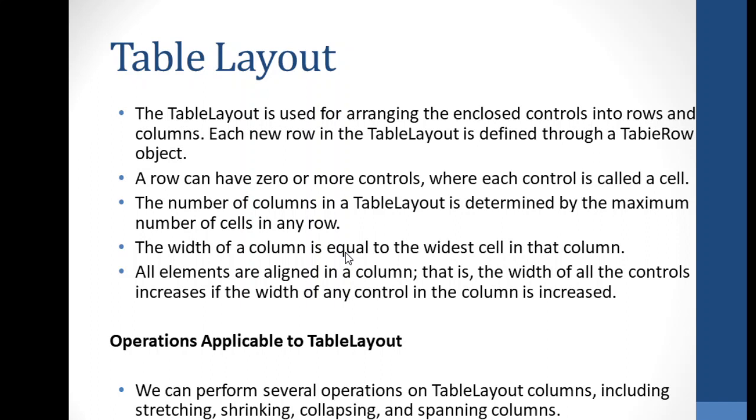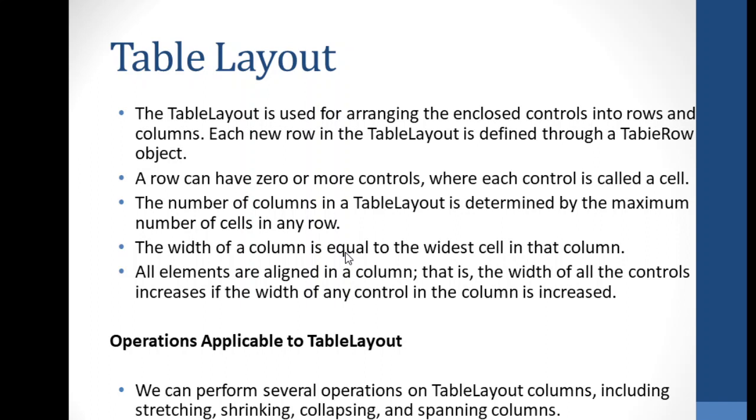We can place cells in a row. For example, suppose I have created three rows. Within these three rows I can divide the first row into one column, the second row into two columns, the third row into three columns, whatever it may be. I can create those for each and every child.